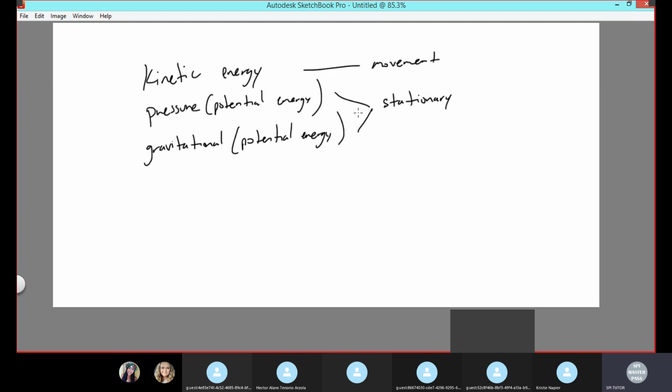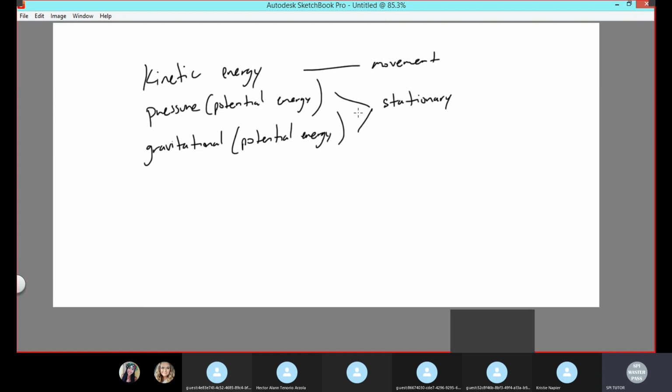So this is what pretty much you have to just know from here. And then the other big thing to know is the relationship between kinetic energy and pressure energy or potential energy.